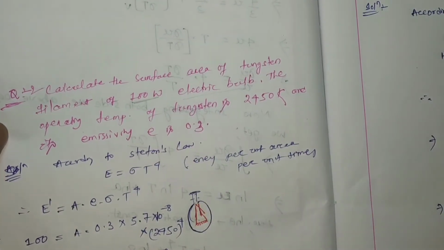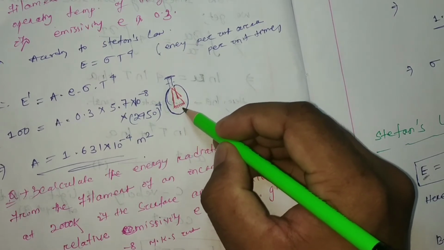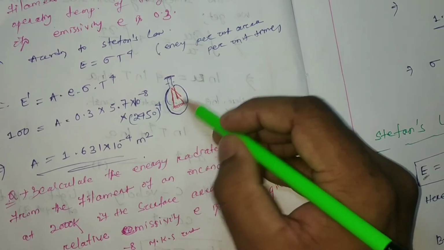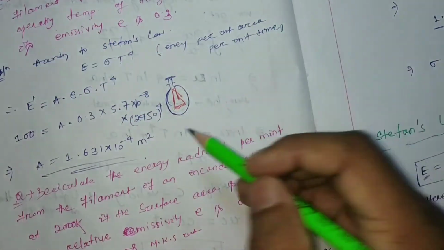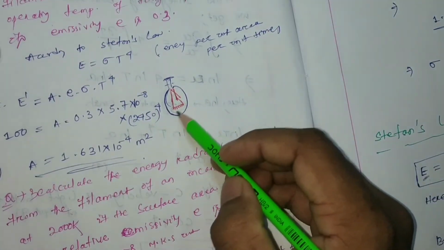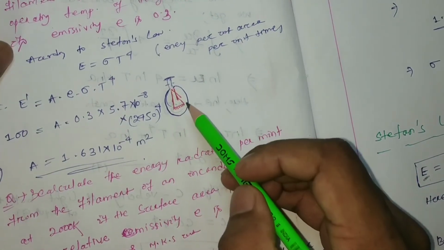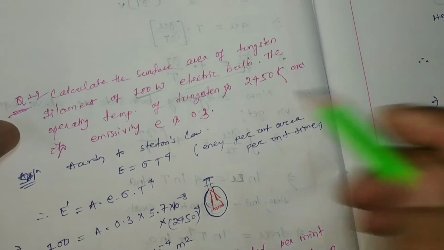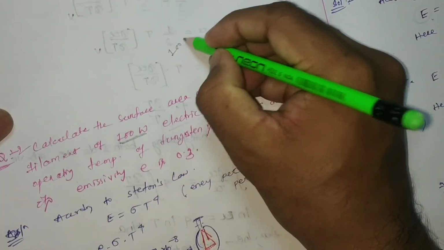So here is your bulb. This is your tungsten filament. Whenever it glows, what is the surface area of the tungsten filament used in this bulb? If the tungsten filament emits 100 watt energy, here 100 watt means 100 joule per second.